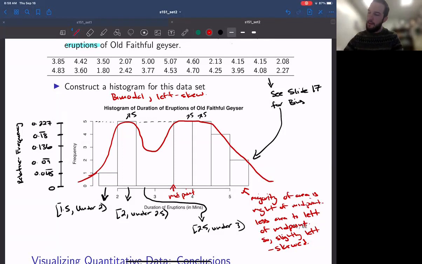But given that we have most of the area right of the midpoint and we have a smaller amount to the left, which is typically what we would associate with a left skew, that's why I've gone and classified it as being skewed to the left in this case.